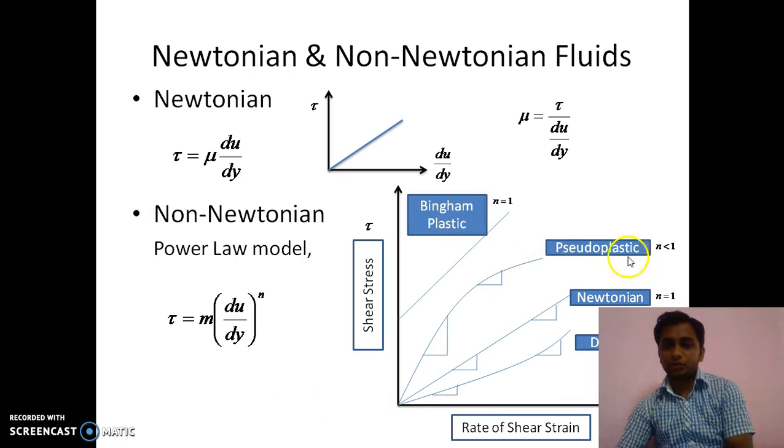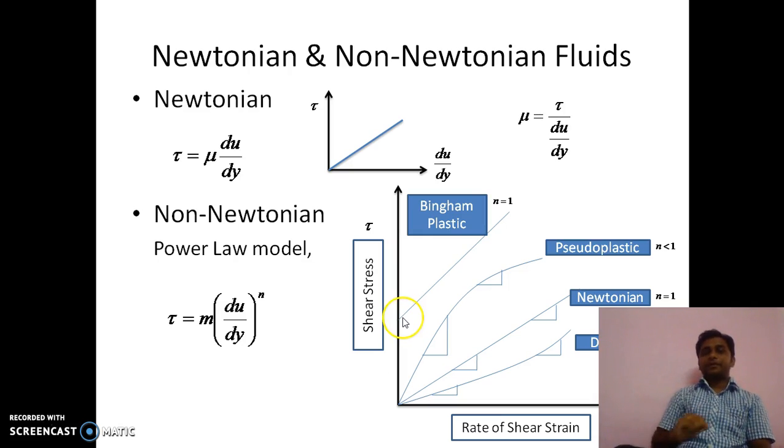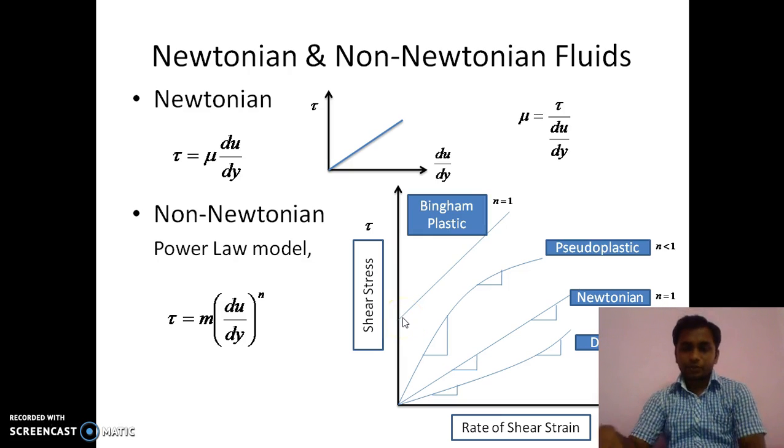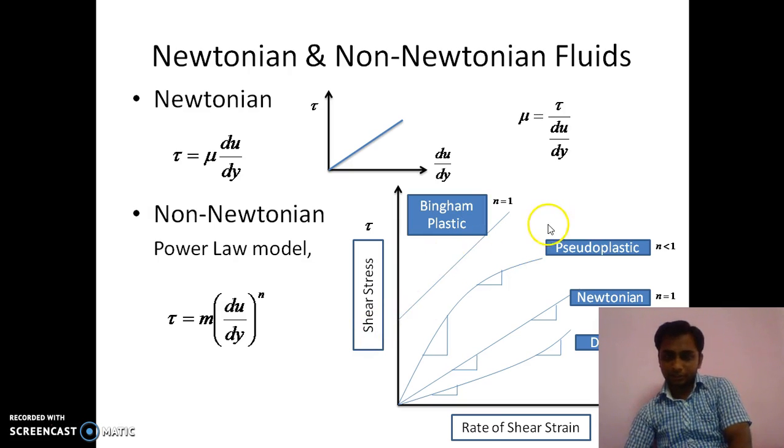In addition to these fluids, we have one fluid which is known as Bingham plastic, but it shows some different behavior. What different behavior does this type of fluid show? It is clear from this curve that here we can observe some initial shear stress to be provided. For these three fluids, if you consider, what is happening?